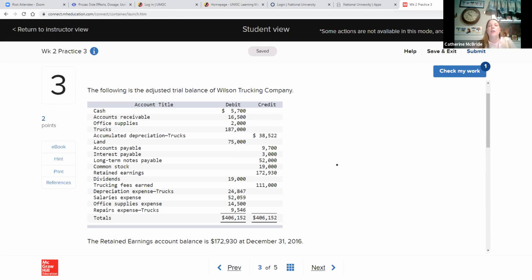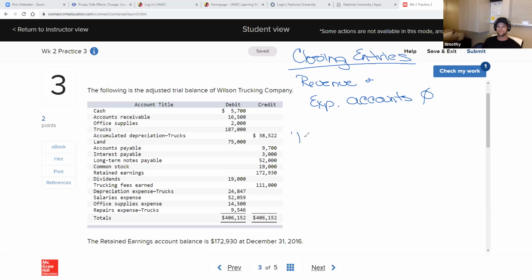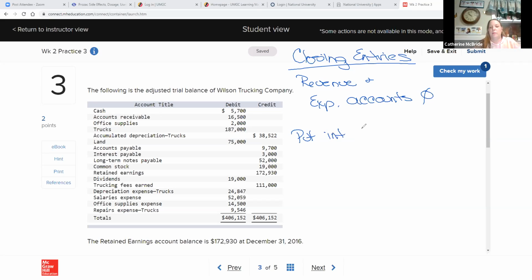Okay, so when you do closing entries, your goal is to make the revenue and expense accounts zero and put them into retained earnings. So actually dividends too.